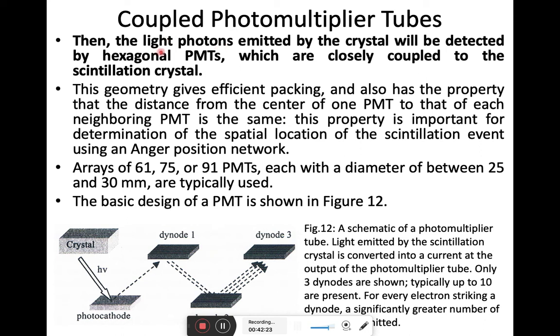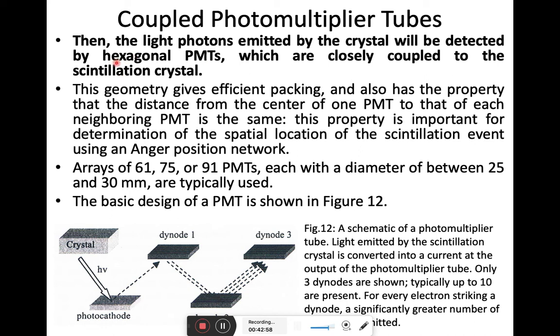You know that the collimator will only accept the gamma rays and not the Compton scattered rays. Then we have the scintillation crystal that we use to convert the gamma rays into light. Now we have the light photons, and the light photons will then be detected by the PMT here.